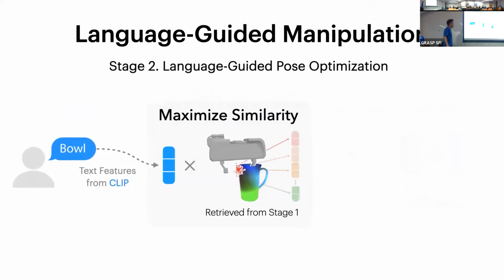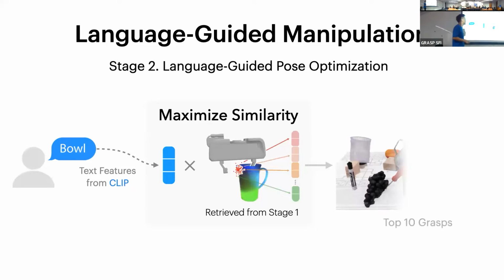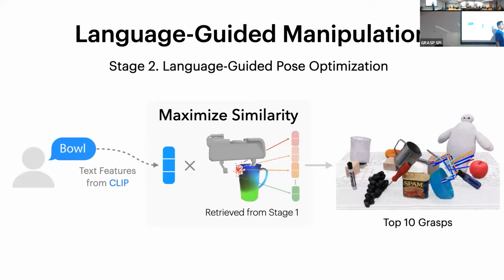Now, using this demonstration retrieved in the first stage, I can scan through the entire scene in the 6 degrees of freedom configuration space to figure out the grasping poses that are most similar to the representation we have from this particular demonstration.